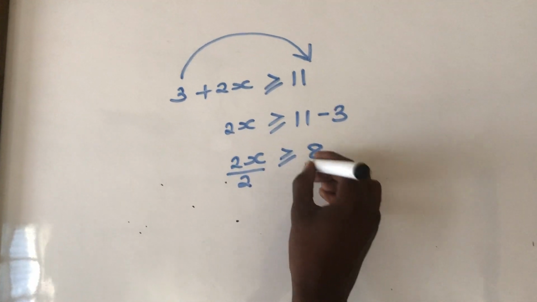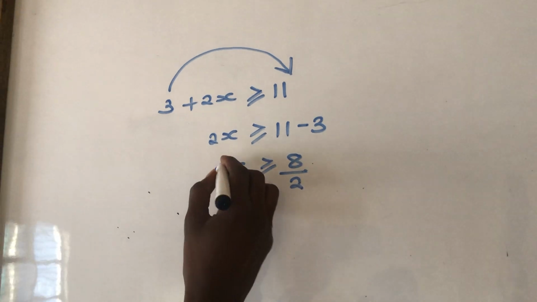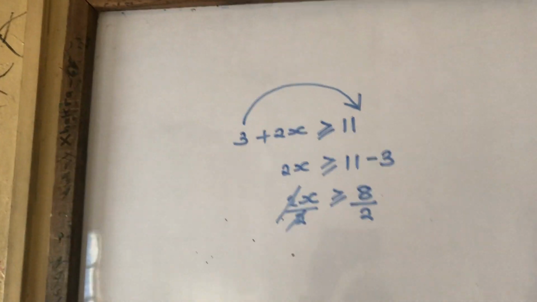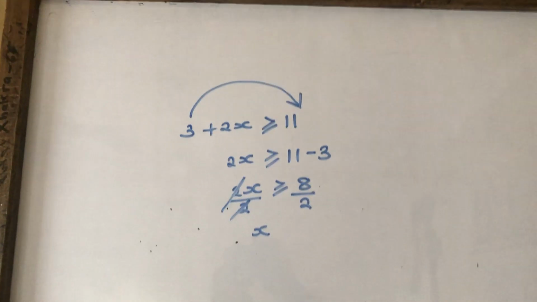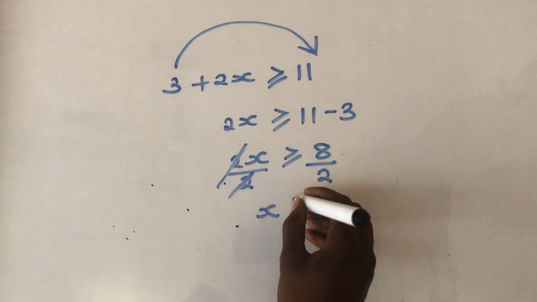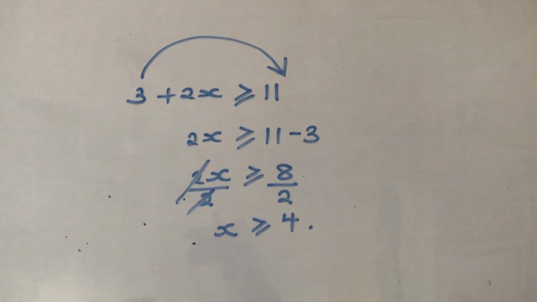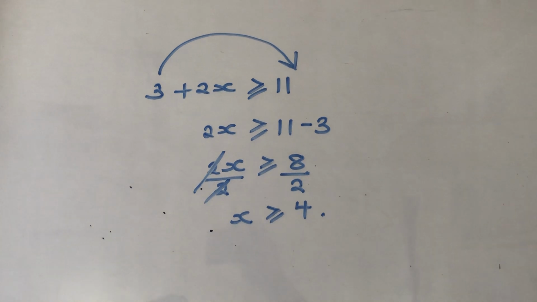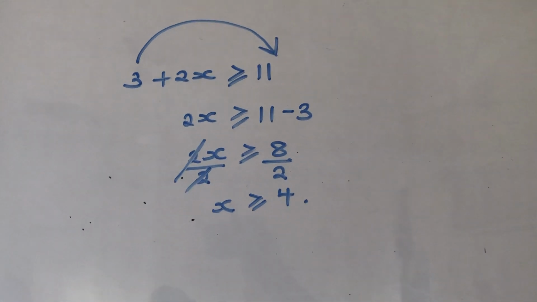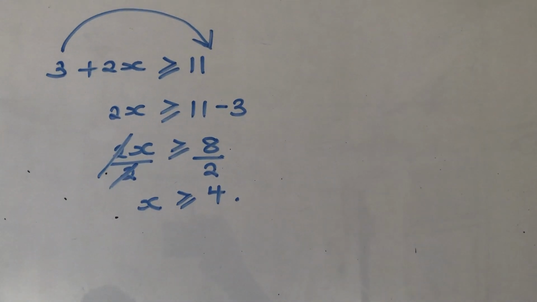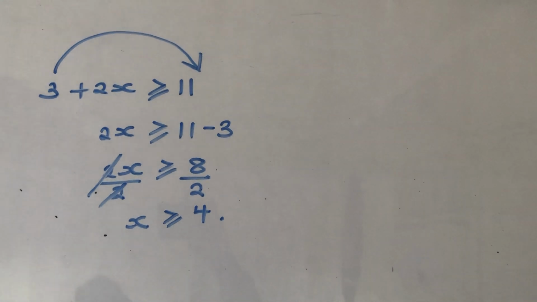Divide this by 2 and this one by 2. These two will cancel out. So x will be greater than or equal to positive 4. That is the solution of that inequality.